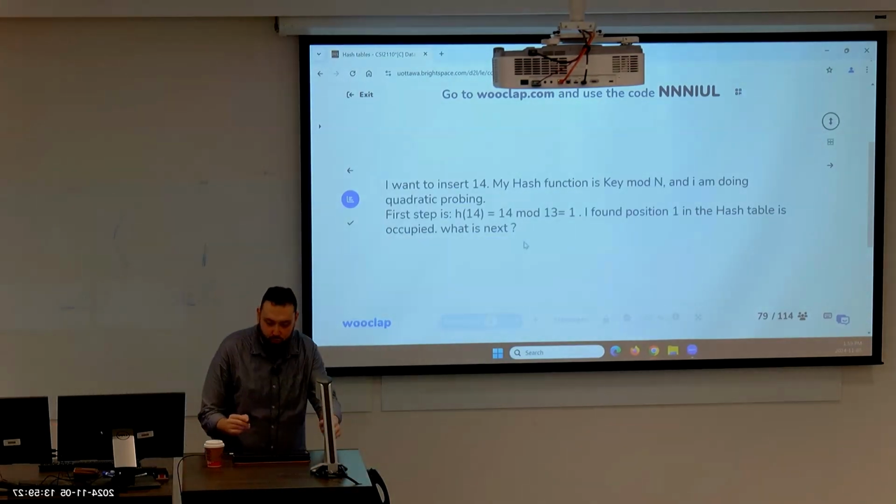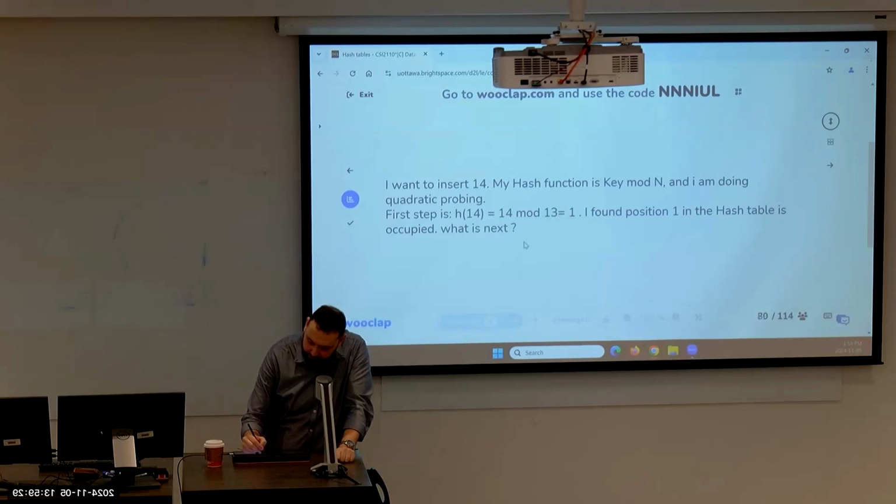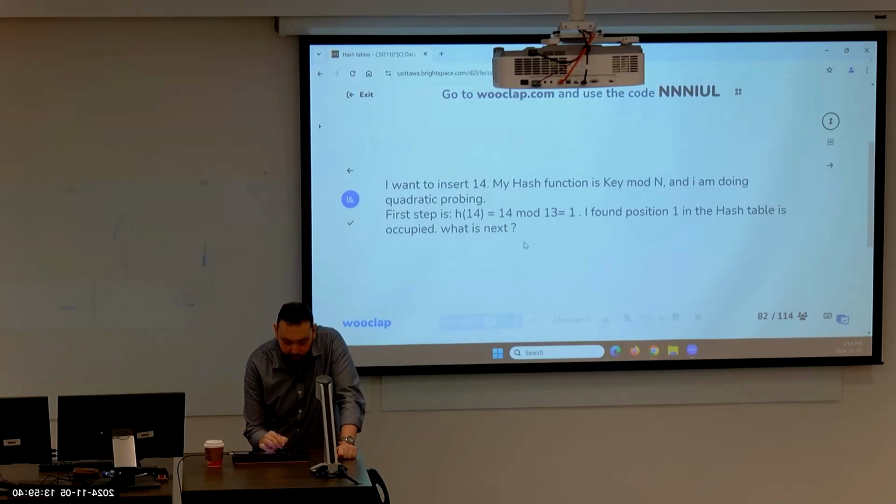So 14 mod 13, my first H_K is 14 mod 13, and that equals 1. I'm asking you, when we use this function, do we put 1 here or do we put 14, which is the key? That's what I asked.